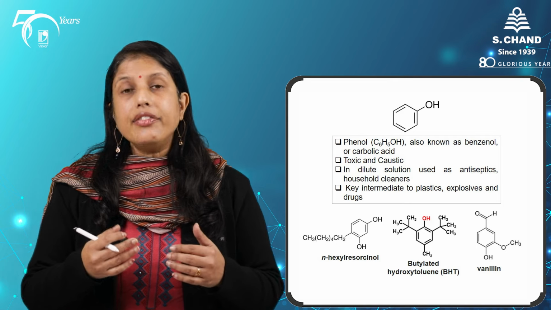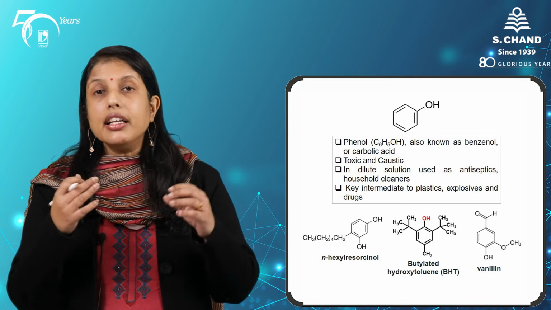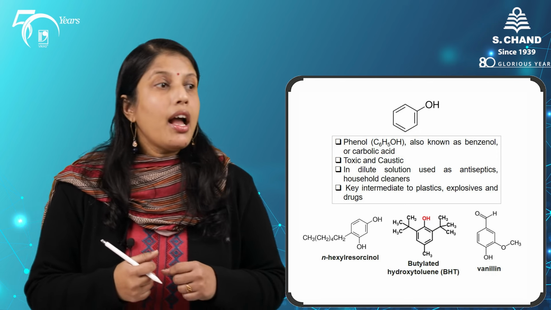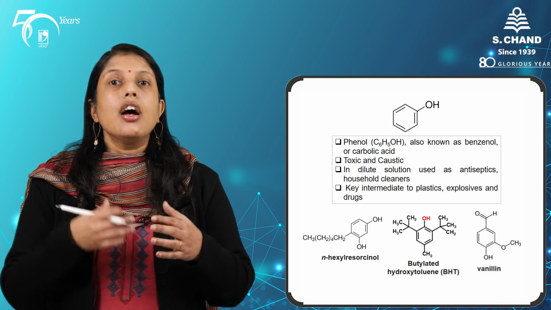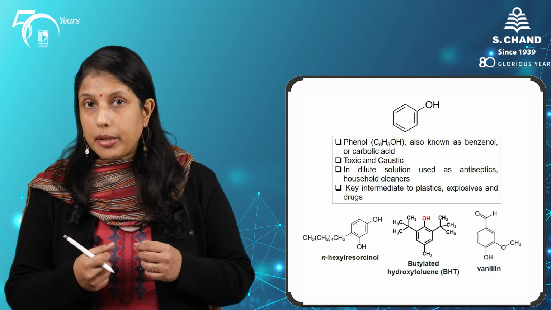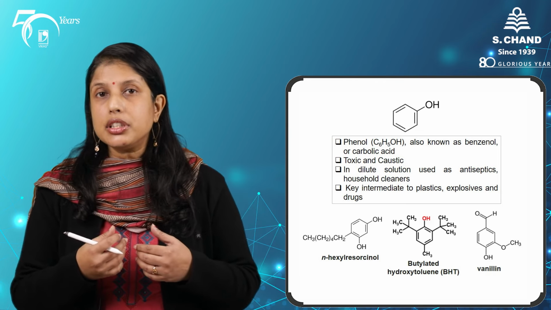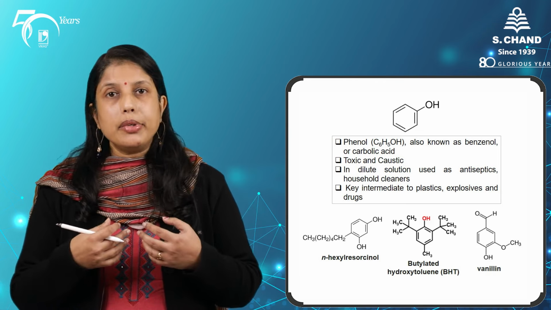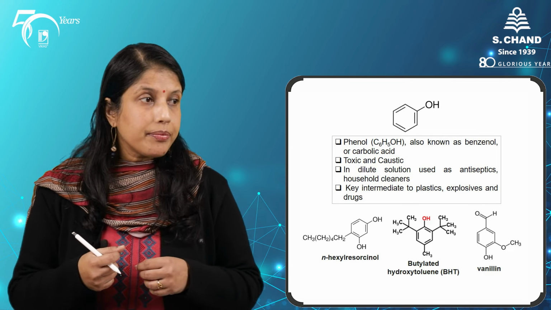Phenol itself is toxic; it is a neurotoxin. On our skin, it causes burns, and it is caustic in nature. Originally, phenol used to be used as an antiseptic. Nowadays, in a more dilute solution, it is found, for example, in commercial products like our mouthwash.